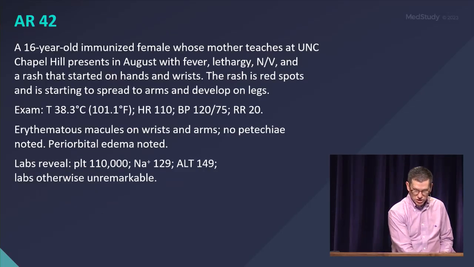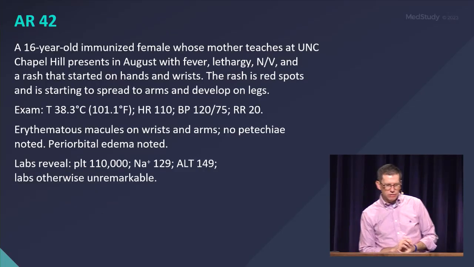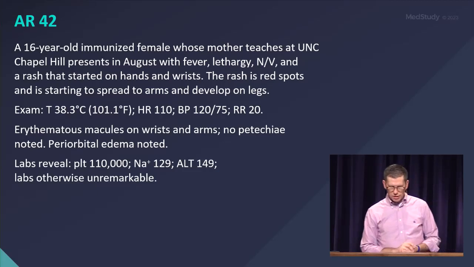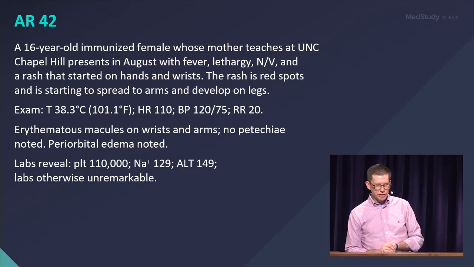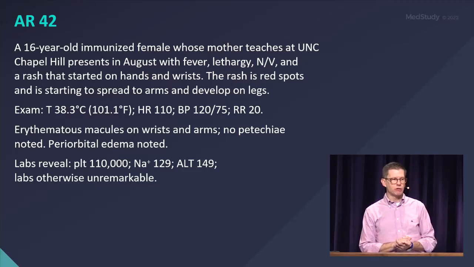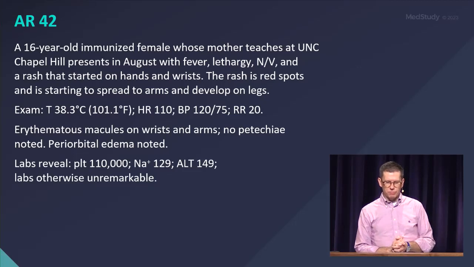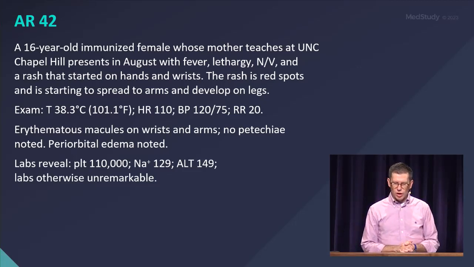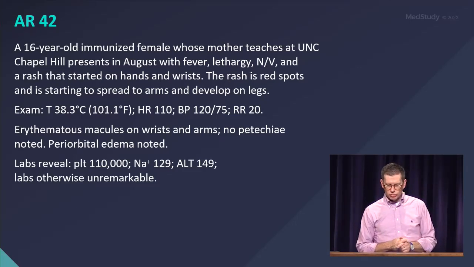All right, question 42. A 16-year-old immunized female whose mother teaches at UNC Chapel Hill presents in August with fever, lethargy, nausea, vomiting, and a rash that started on the hands and wrists. The rash has red spots and is starting to spread to the arms and develop on the legs. Temperature is 101.1 with a heart rate of 110, blood pressure 120/75, and respirations of 20.